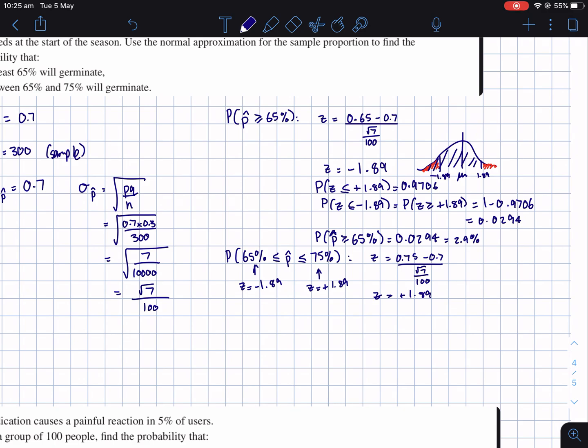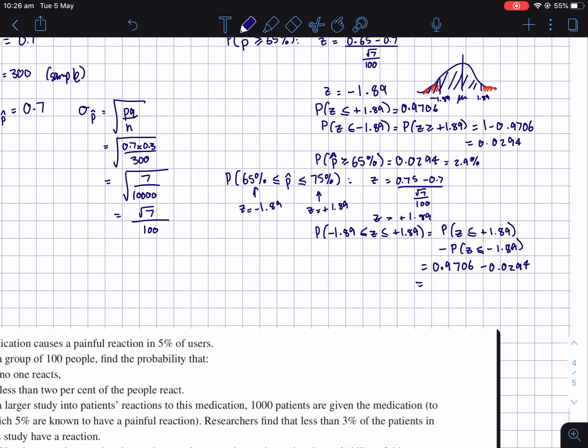So the probability that it's between them, minus 1.89 less than or equal to Z less than or equal to positive 1.89, is going to be the probability that Z is less than positive 1.89 minus the probability that Z is less than negative 1.89, which is the answer we got above. So we've got 0.9706 minus 0.0294, which gave us 0.9412, so there's a 94% chance.